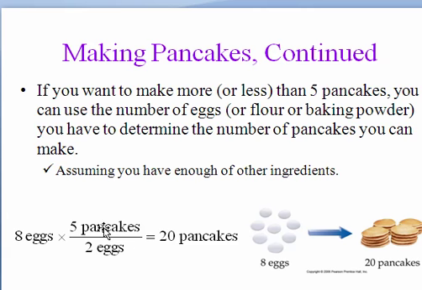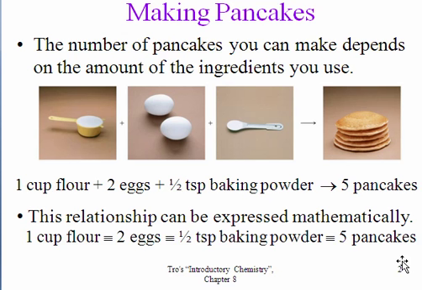So this relationship between pancakes and eggs gave us our final answer. And if we look back at our original recipe, this makes sense. Our relationship between eggs and pancakes is 2 to 5. If I have 8 eggs, or 2 times 4, I'm going to have 5 times 4, or 20 pancakes. It's still a 2 to 5 relationship. 8 to 20 is the same as 2 to 5.